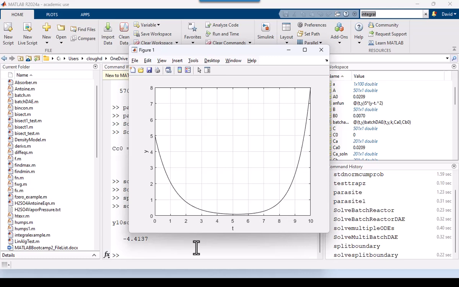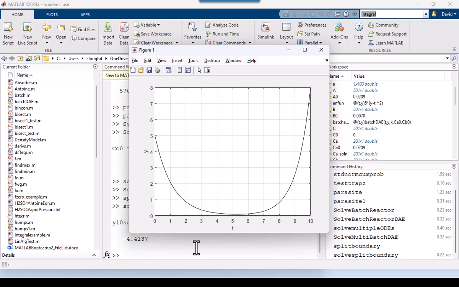So this technique is one that you will see quite frequently when you have what we call split boundary value or 2-point boundary value problems, where you have differential equations where you don't have all the initial values that you need, but you do have values at the end that you need to match.